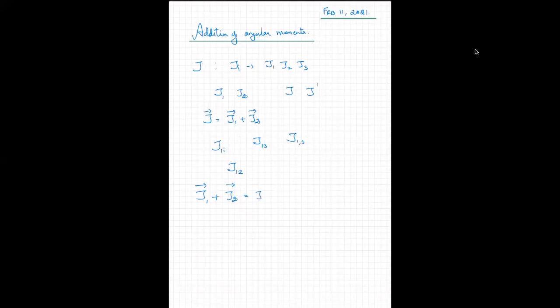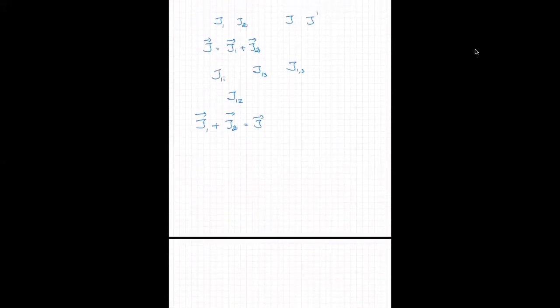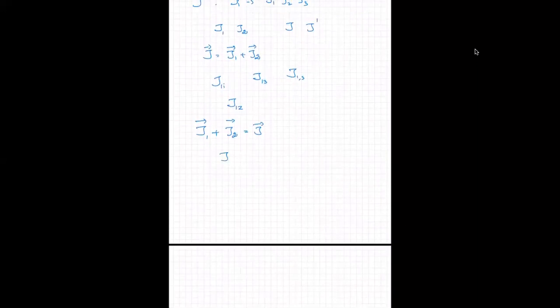All of these have three components. If I simply have to refer to a general component, I will call this Ji, the ith component of J, or J1i or J2i. But when I specifically want to talk about the third component of J1, J2, or J, I will write Z instead of 3 to avoid confusion with our previously defined J13. So I'll write this as J1Z, J2Z, and JZ.